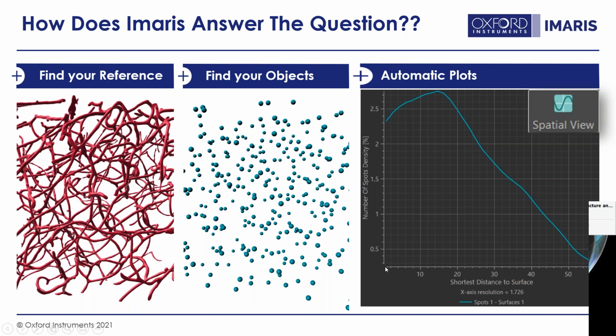So how many spots are within 0 to 1.7, and you get this value here. It goes on and does this as it continues to go out in steps of about 1.7 microns, counting how many spots you have.